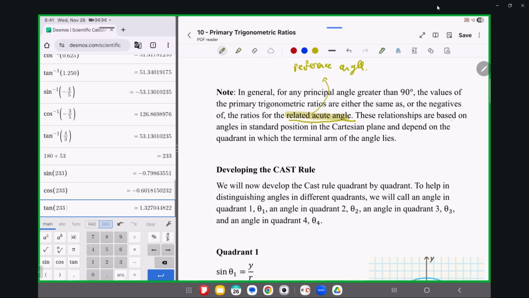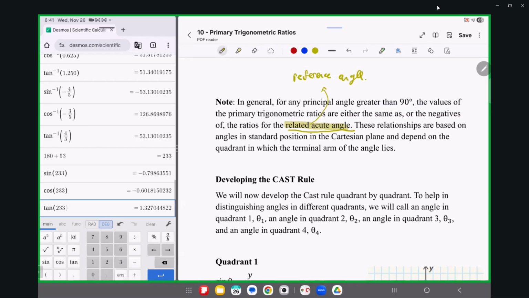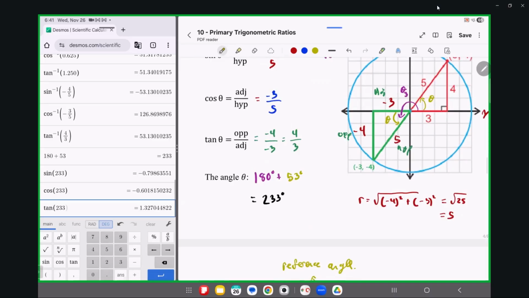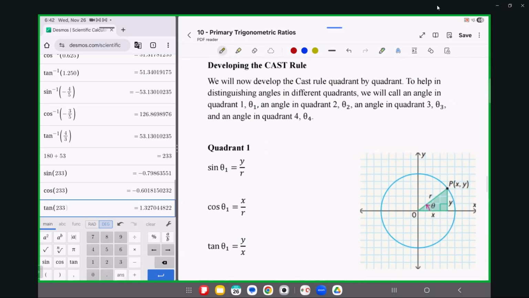These relationships are based on angles in standard position in the Cartesian plane and depend on the quadrant in which the terminal arm of the angle lies. So if you notice, the reason why sine and cos were negative in quadrant 3 was because the adjacent and the opposite are both negative in those two quadrants. Whereas for tan, the reason why it's positive is because you took a negative divided by a negative, and so forth. So we're going to study this quadrant by quadrant and go through this.